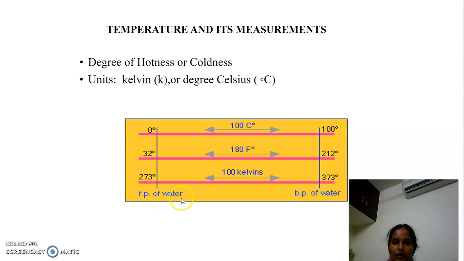This is the freezing point of water and this is the boiling point of water. In Fahrenheit, 0 degree Celsius is equal to 32 degree Fahrenheit, and 100 degree Celsius is 212 degree Fahrenheit.